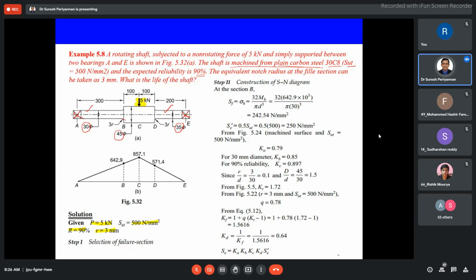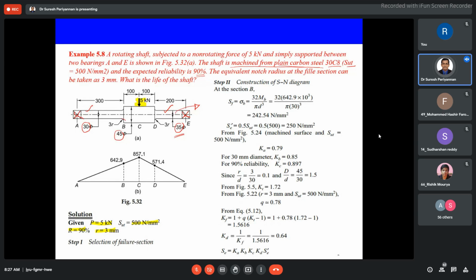of the component. Suppose I take the 35 mm diameter on the right hand side for the design, and I find 10,000 cycles.